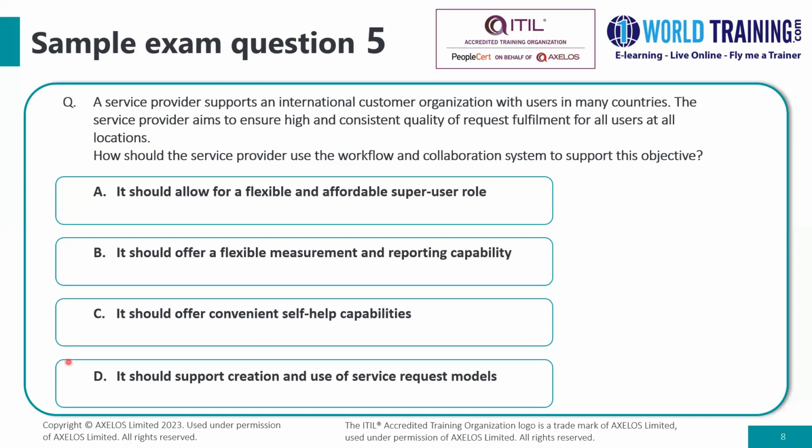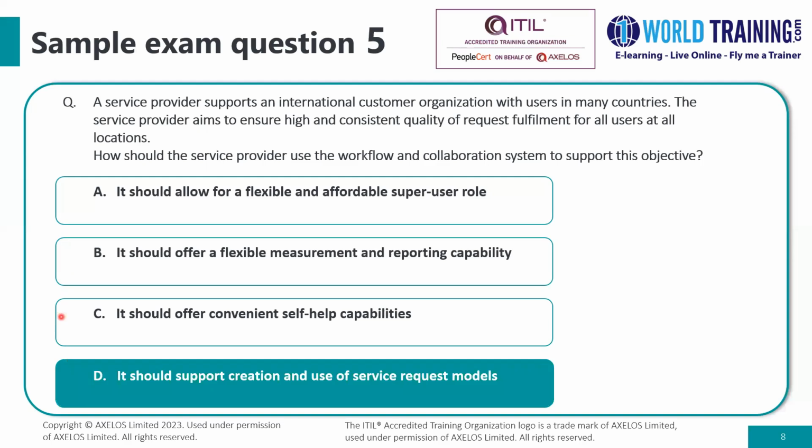Therefore, as explained before, the last option would be correct. The request model should include activities, information flow, controls, and communications. And the automation system should allow for the creation, testing, and use of such request models.